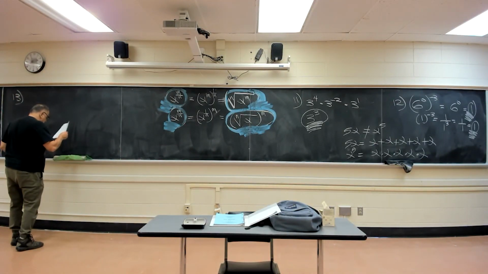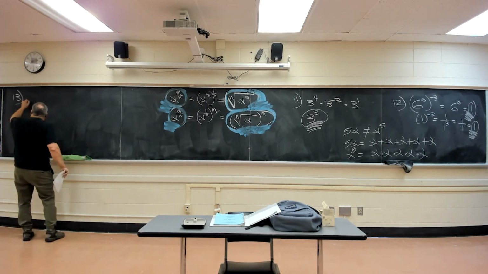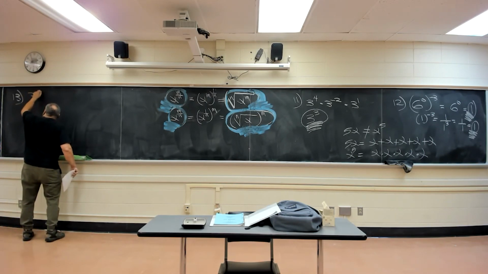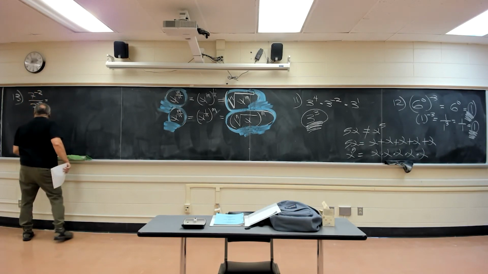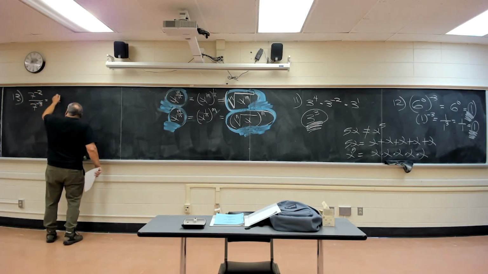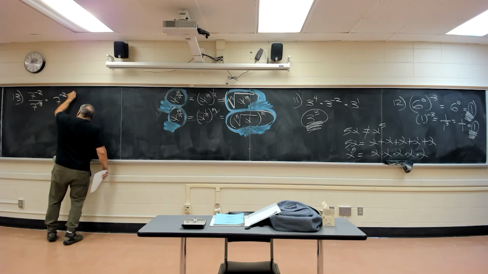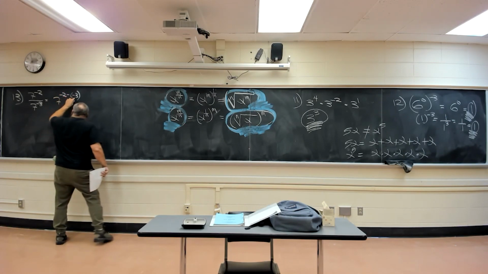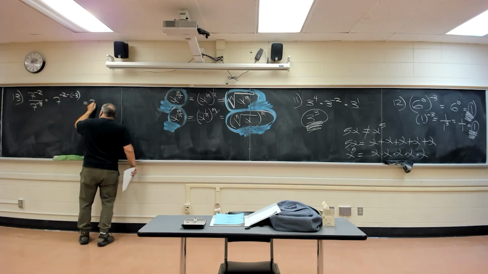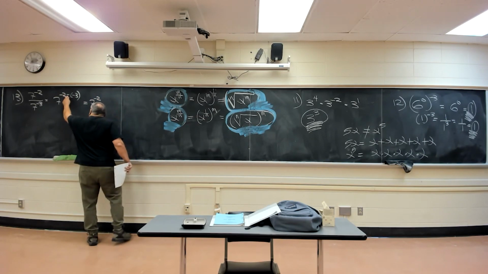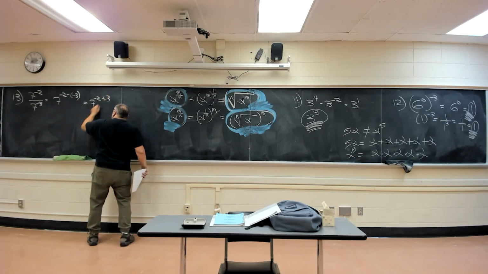13. 7 to the negative 2 and 7 to the negative 3. How does that work? You subtract. Minus a negative 3 is plus 3. This and this is 1.